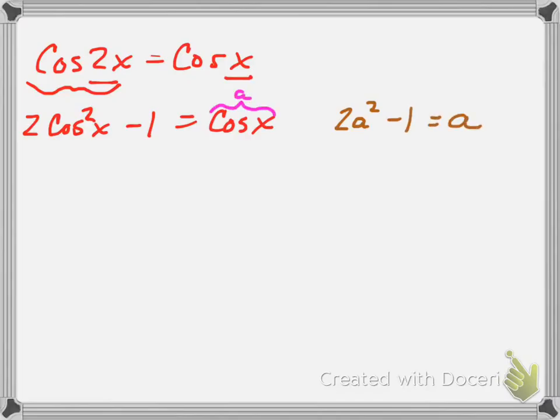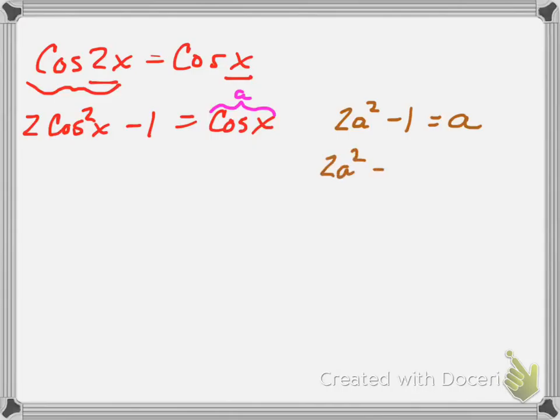So everywhere I see a cosine, I'm putting in an a. So instead of having 2 cosine x squared, I have 2a squared. And so now we're going to solve that quadratic with an a because you might be more comfortable with that. And then at the end, we'll go back to cosine. So we're going off to the side, and we're going to solve for a.